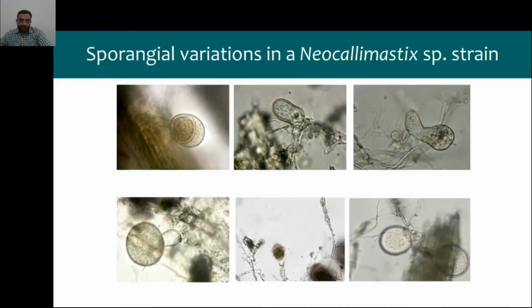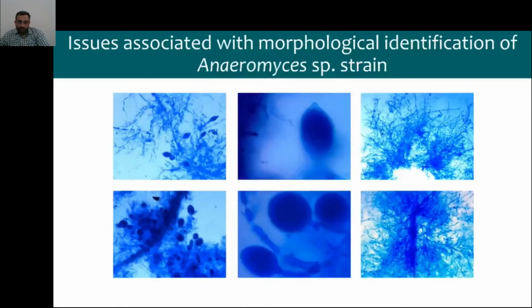And similar sporangial variations were also observed in case of Neocallimastix. So in case of these monocentric genera, these variations were highly pronounced in shape and sizes of sporangium. In case of polycentric ones, what we realized and also documented, the issues are slightly different.